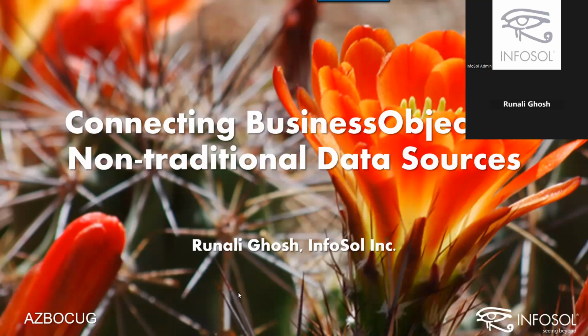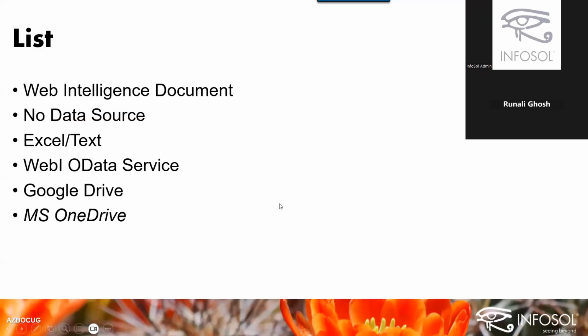All right. So I don't have any slides other than just this and the resources, just to list the ones that I'm going to go through. The Webby document as a new data source is a new addition in 4.3. The Excel and text, they're non-universe sources, so I have kept it there, but it's not really a brand new thing.